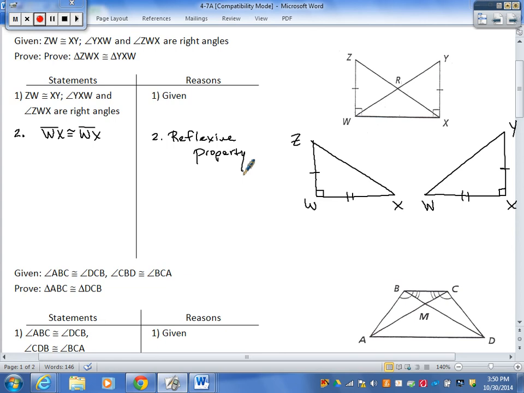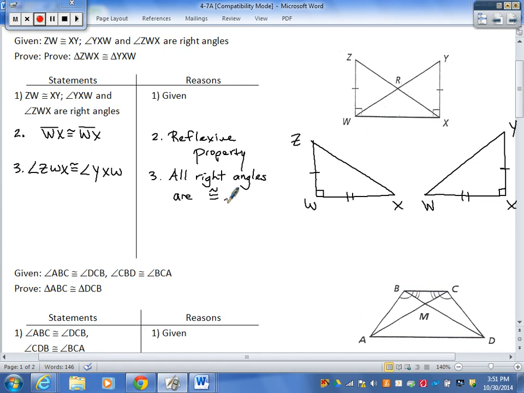And so in order to get side angle side, we are going to have to state that angle ZWX is congruent to angle YXW. And the reason is because we know they're already right angles. And so as a result, we're going to say all right angles are congruent.